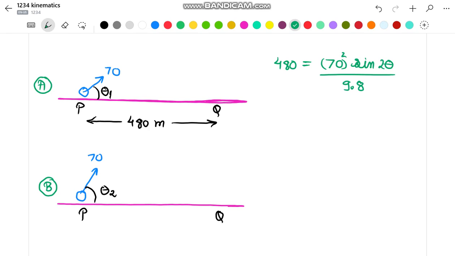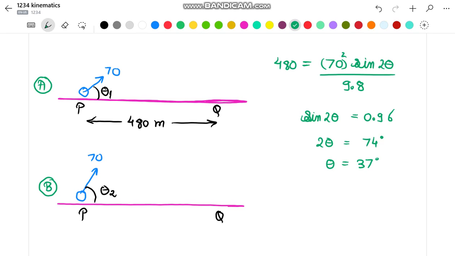The value of g given in the problem is 9.8, which on simplification will give the value of sine 2 theta to be equal to 0.96. That is, 2 theta will be equal to sine inverse 0.96, which is mentioned in the problem as 74 degrees. That is, the value of theta is 37 degrees.